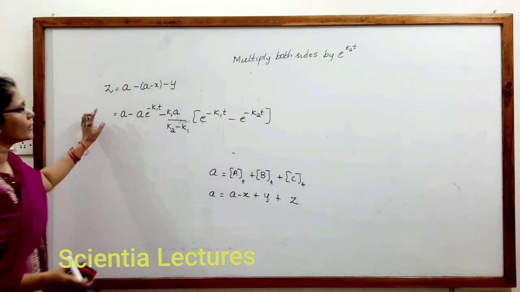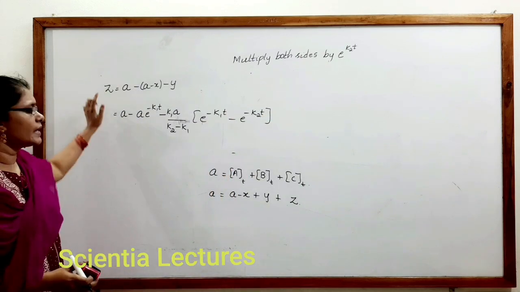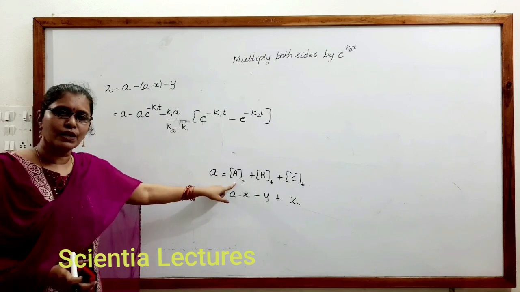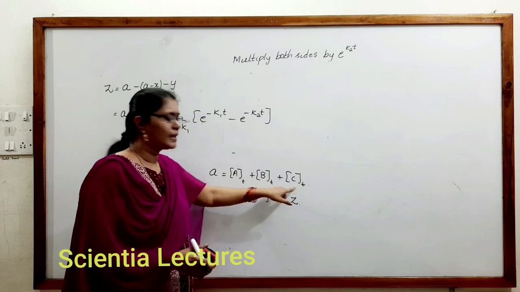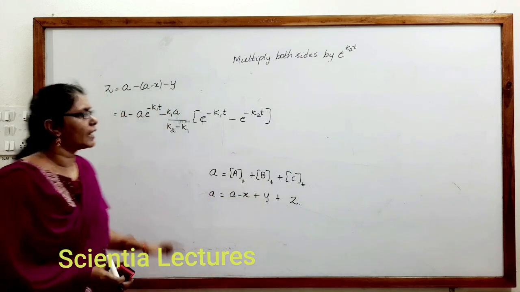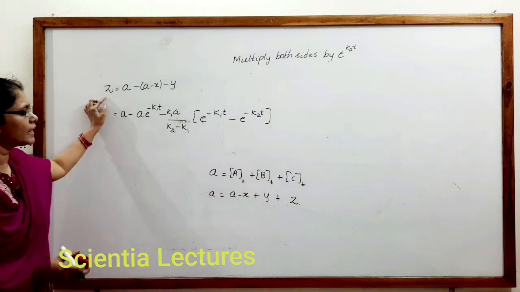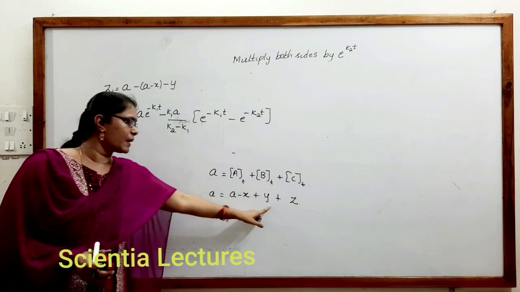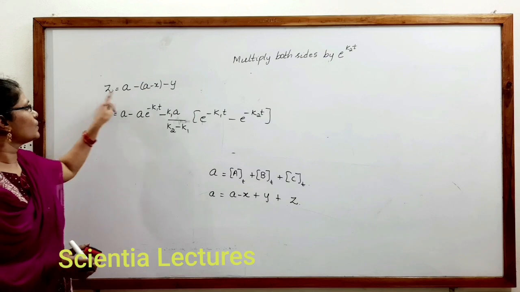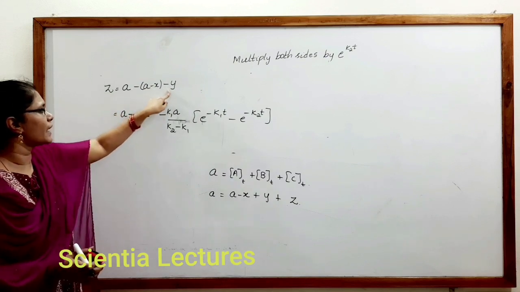So this will be equal to z, because a is nothing but concentration of A at that instant plus concentration of B at that instant plus concentration of C at that instant. So z must be equal to a minus x minus y.